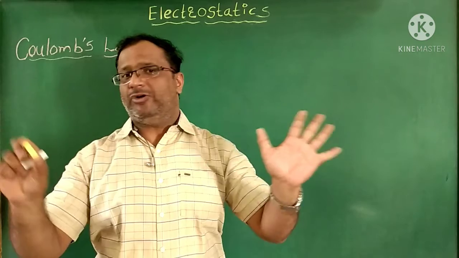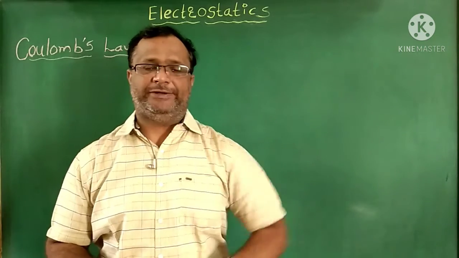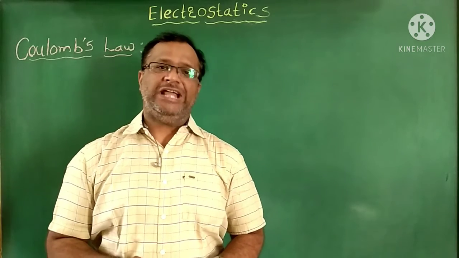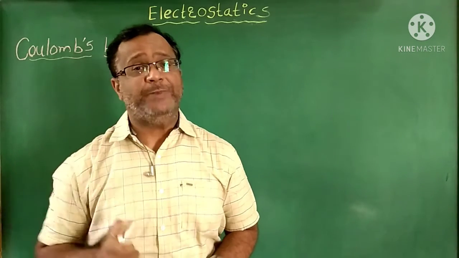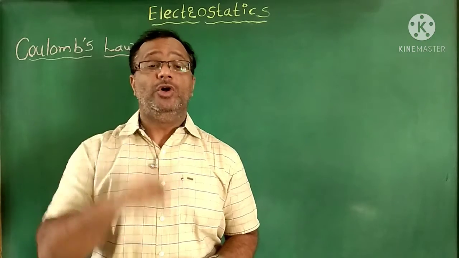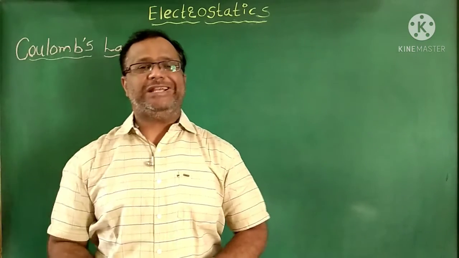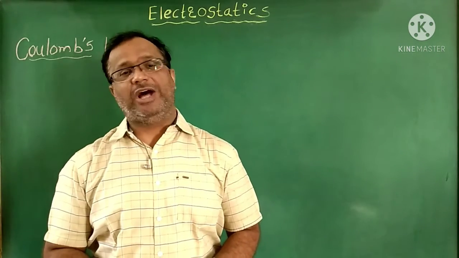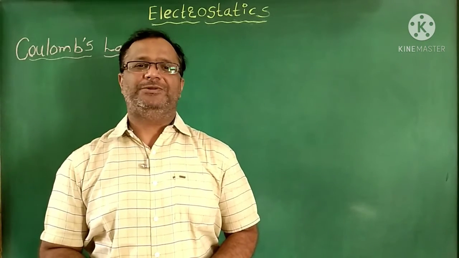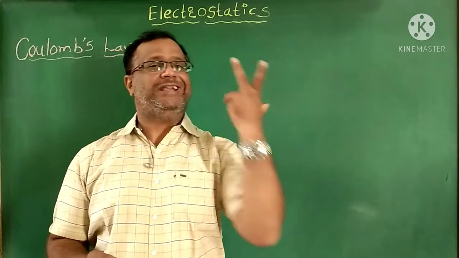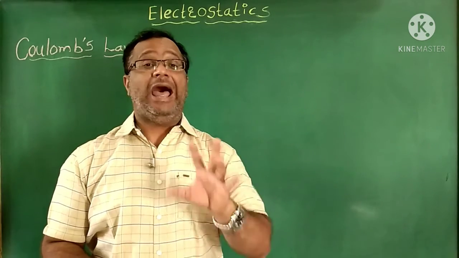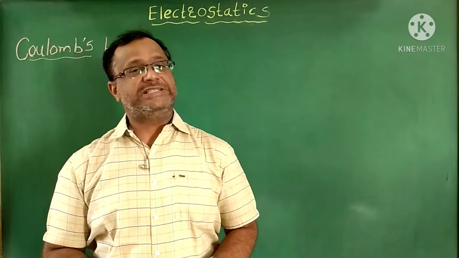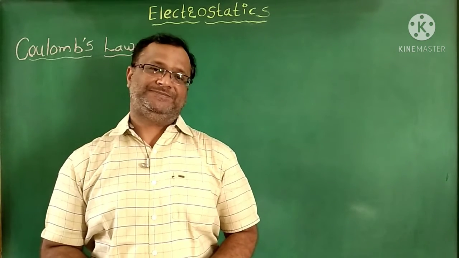The statement of Coulomb's law is here. Statement: The force of attraction or repulsion between two point electrical charges is directly proportional to the product of the magnitudes of the two electrical charges and inversely proportional to the square of the distance between them.